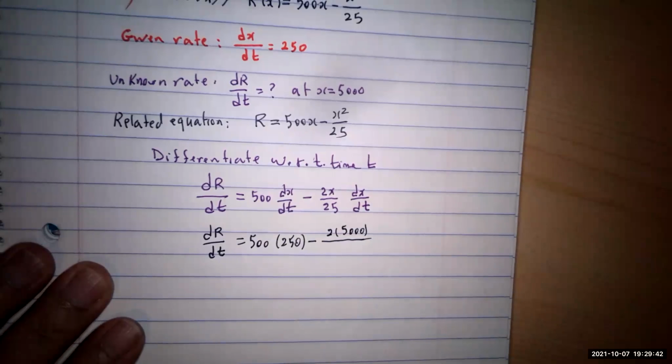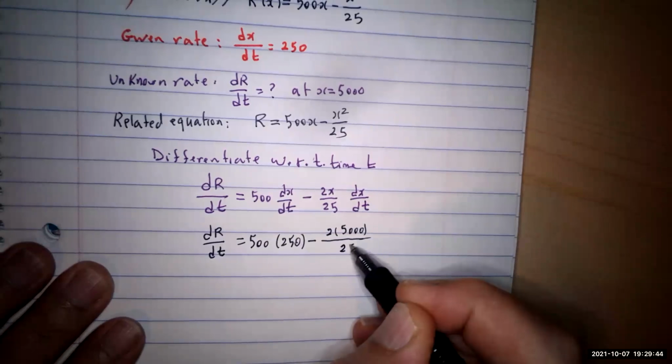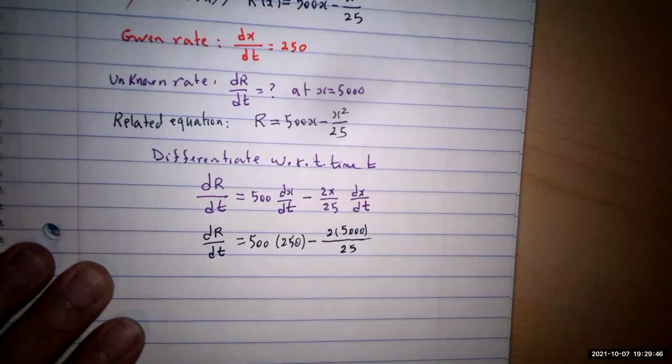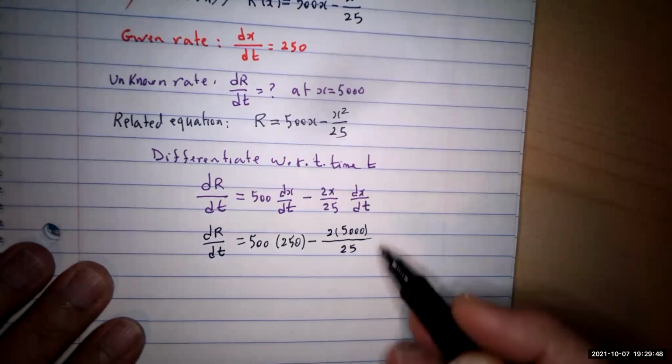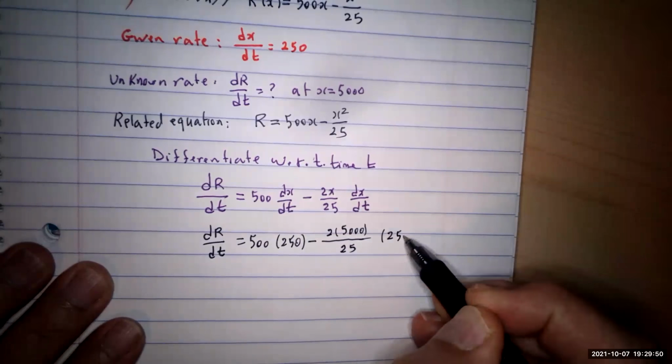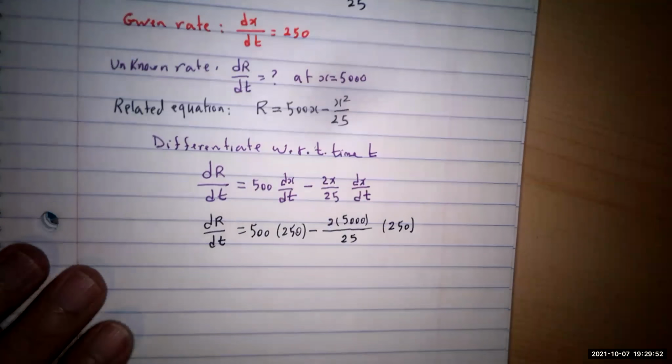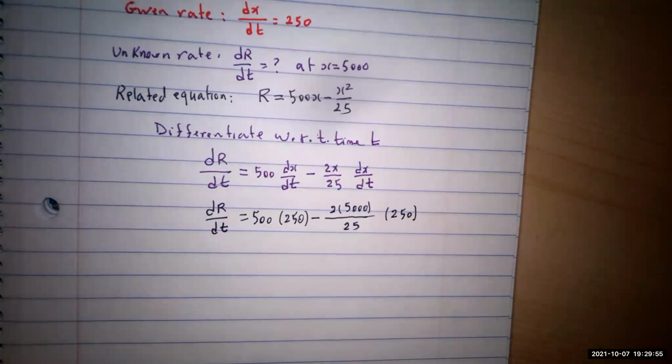This is 25, and dx dt again is 250. You have to substitute all these numbers to get your result.